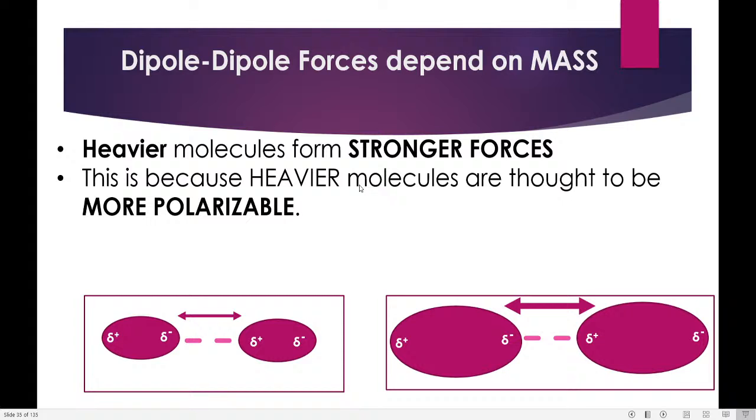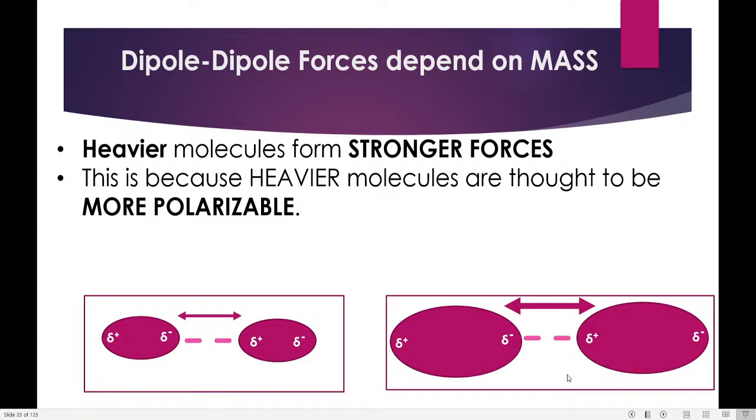Okay, so let me try to explain that using these pictures here. I've got 2 polar molecules right here on the left, and they're light. I've got 2 other polar molecules here on the right, and they're heavy. They're both forming dipole-dipole forces between them, but we know that the one that is heavier will be stronger.